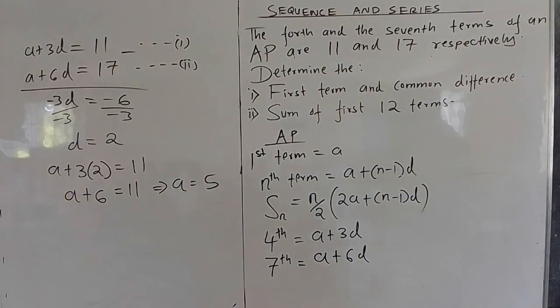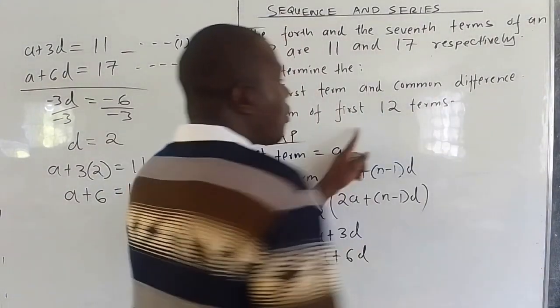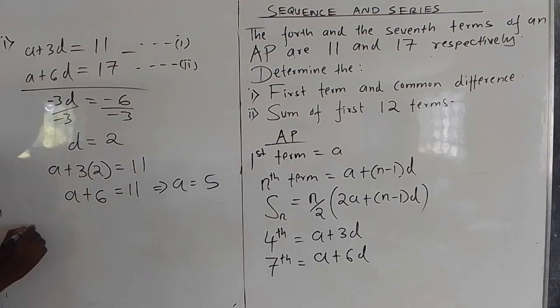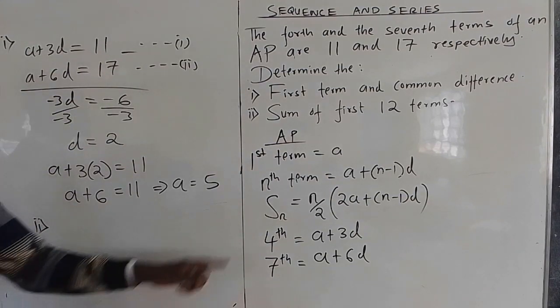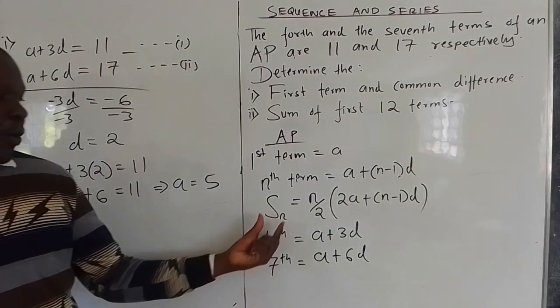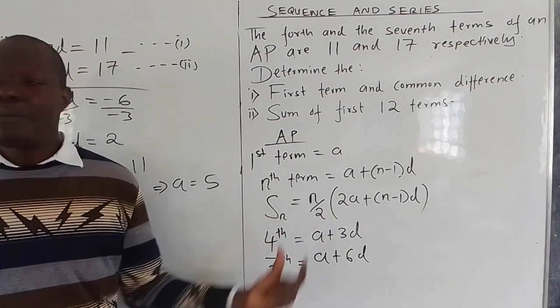Now having found A and D, you can solve any problem that follows, isn't it? You've been told to find the sum of the first 12 terms. That was the first part; the second part of this problem is the sum of the first 12 terms. How do we get the sum of n terms?